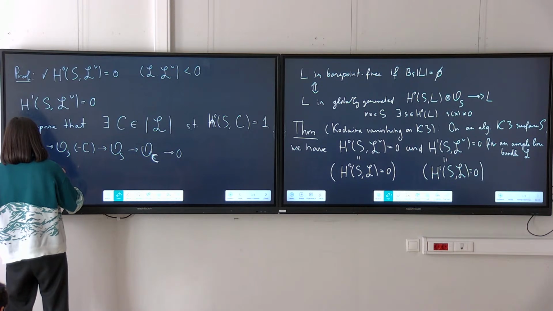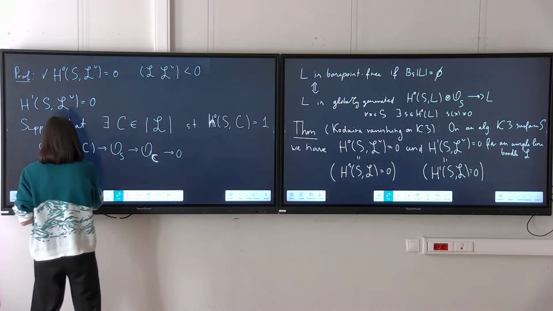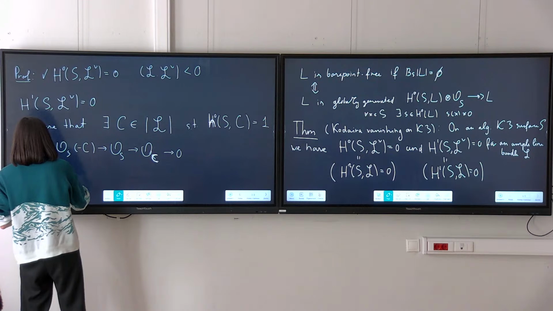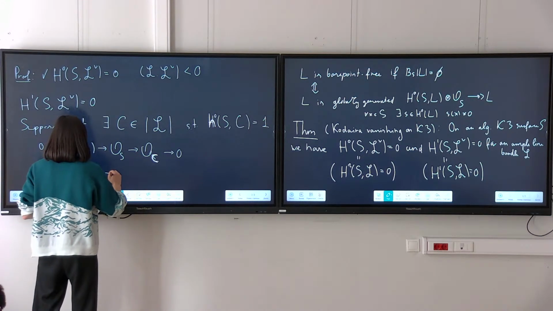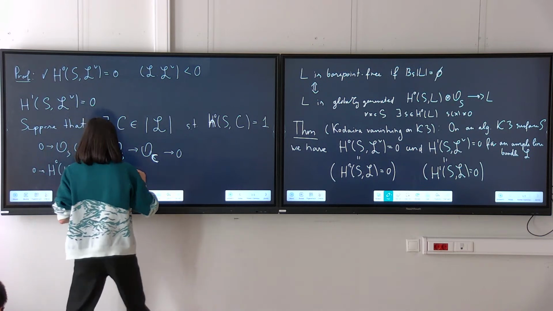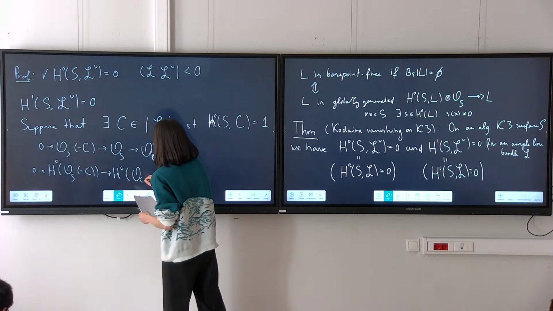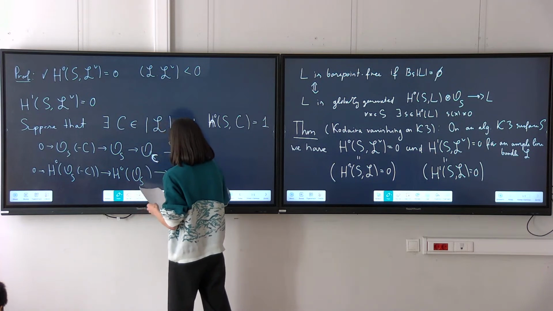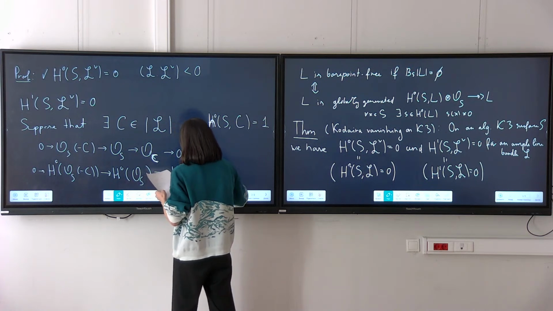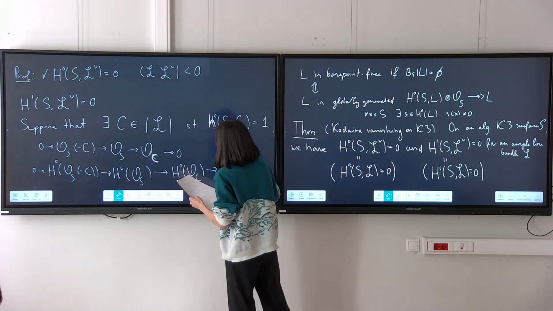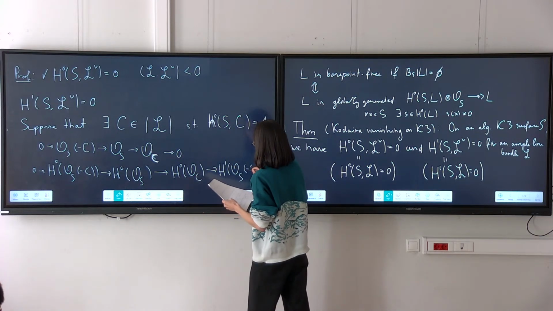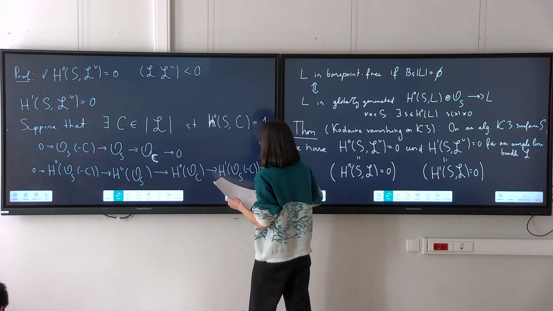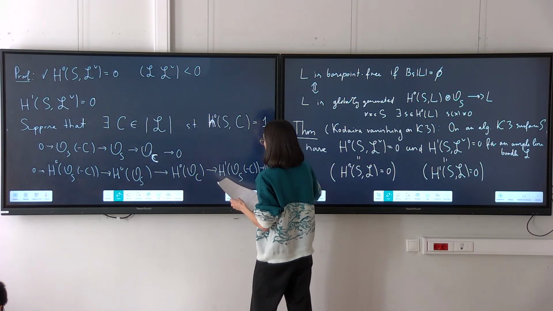The corresponding long exact sequence is the following: 0 maps to H^0(O_S), maps to H^0(O_S(C)), maps to H^0(O_C(C)) and maps to H^1(O_S).